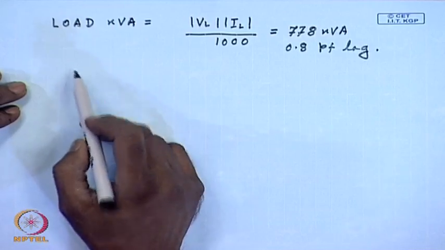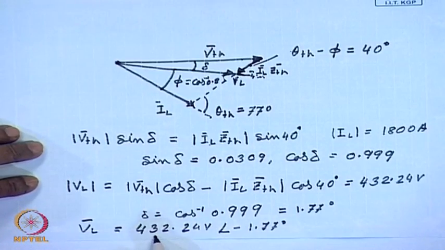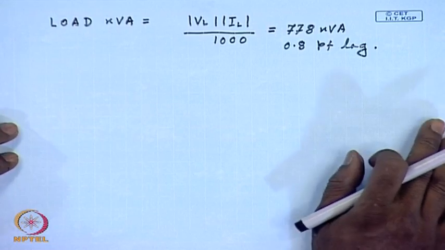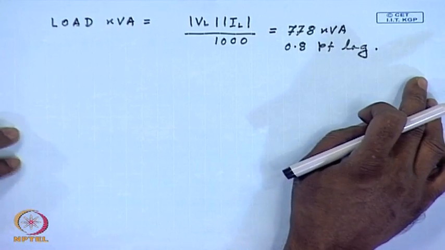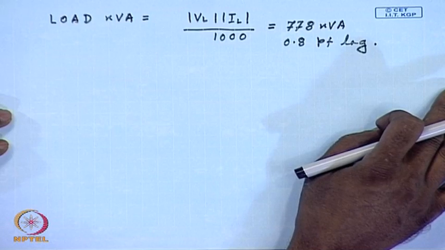So, that answers the second part of the question, what is the load voltage? Load voltage phasor is this, magnitude 432.24 volts, angle minus 1.77 degrees and load kVA is 778 kVA and 0.8 power factor lag.